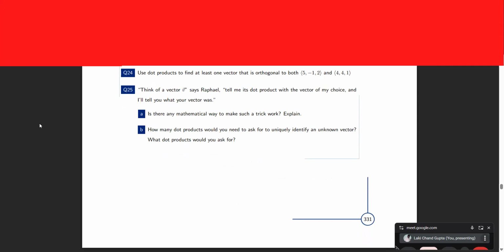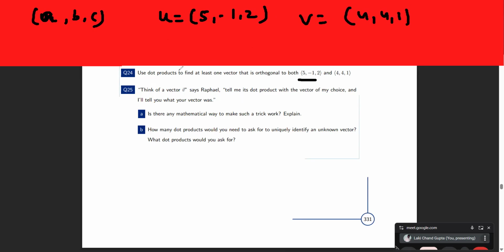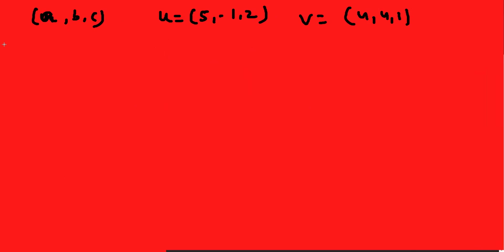Let's suppose the vector is A, B, C, and this vector is U, and the other vector is V. Let's suppose this is vector W. According to the question, W is perpendicular, orthogonal to U, right?